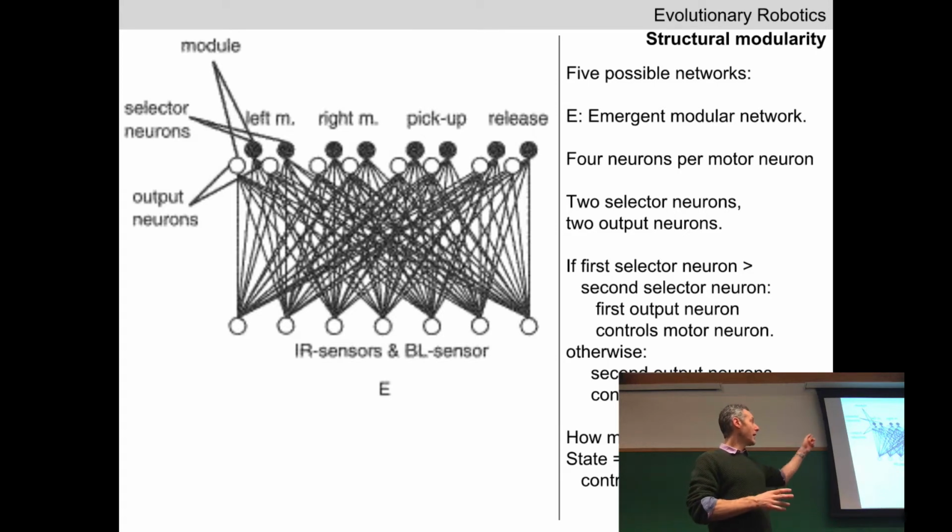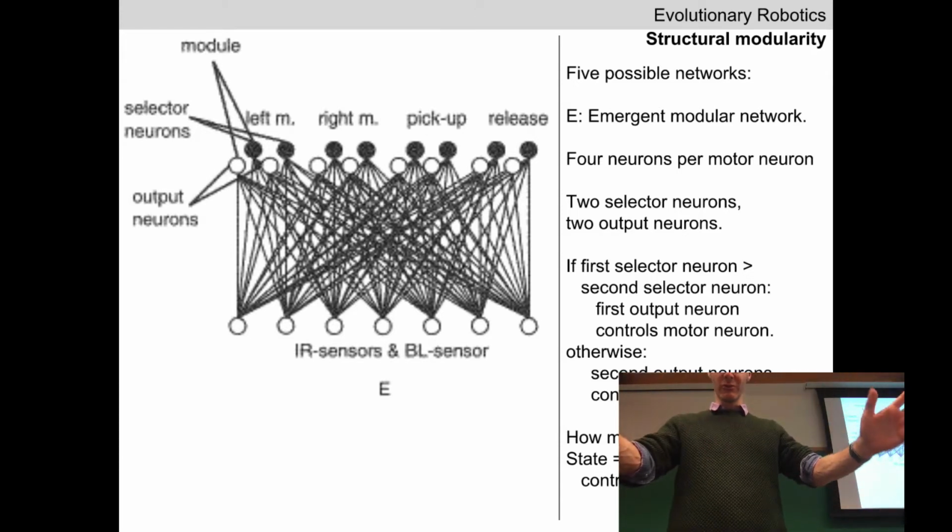So by evolution tuning the synaptic weights that flow from the sensors to the back row, to the selector neurons, evolution can decide under what sensory conditions one neural circuit or the other is in control. And by tuning the synaptic weights that flow from the sensors to the front row, to the motor neurons, evolution can tune what those modules do when they're in charge of their respective motor. Left motor, right motor, the pickup behavior or the release behavior.